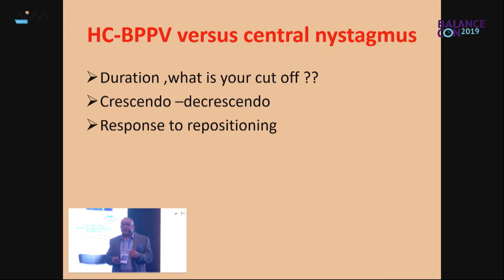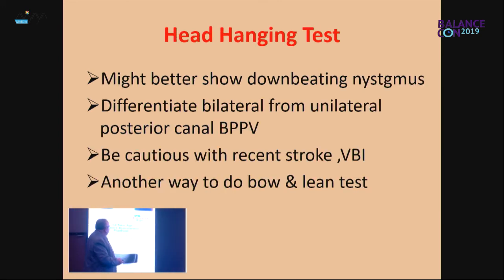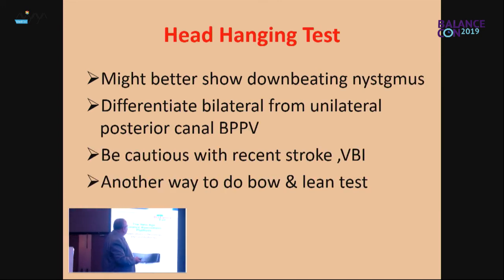Finally, if you do the maneuver 2-3 times without a response, whatever you see, just ask for an MRI or search for other causes. The head hanging test might better show downbeating nystagmus.